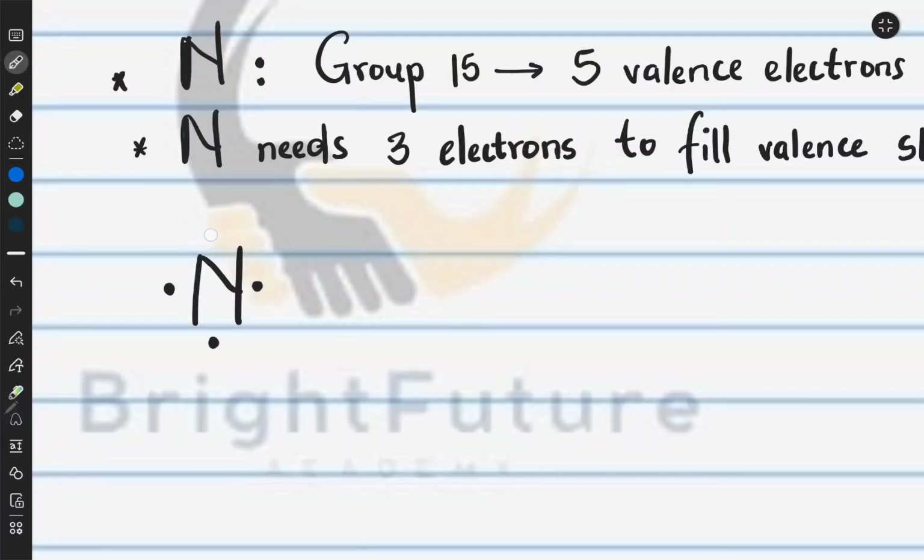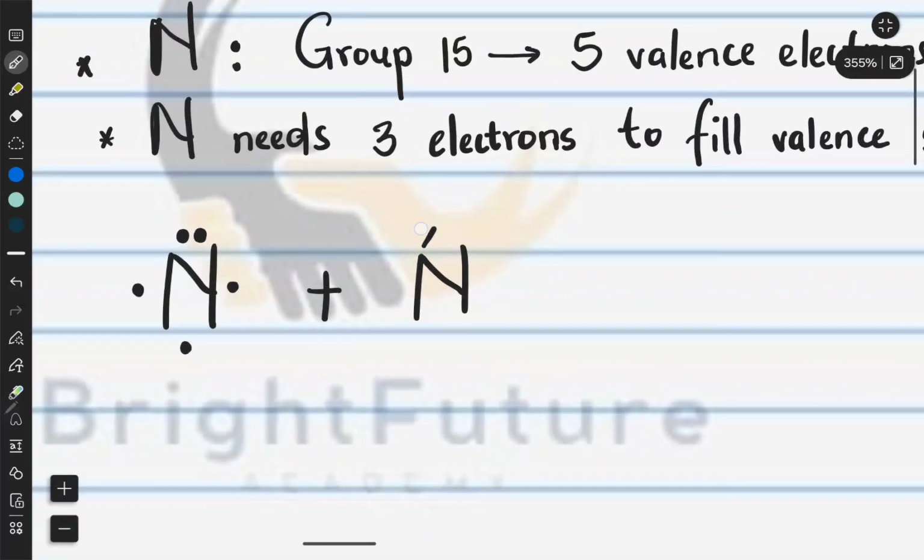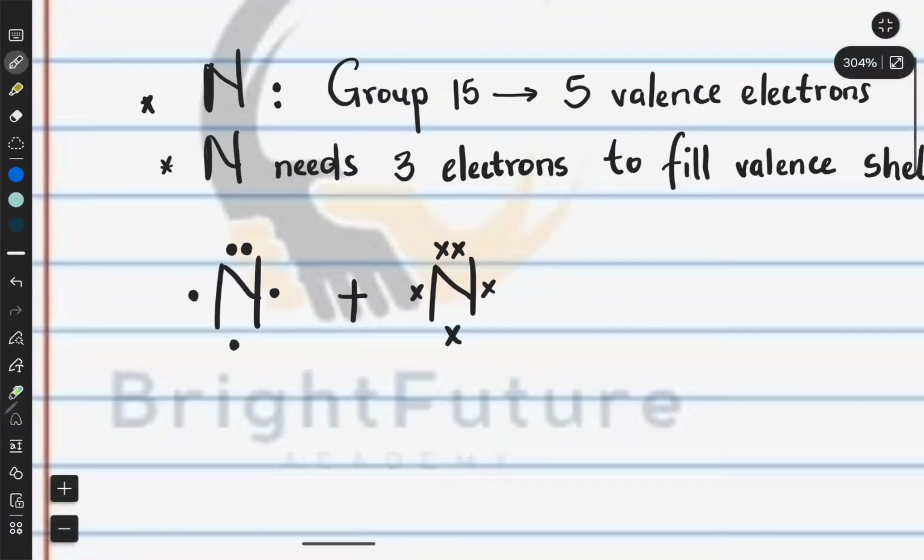Okay, so it only has 1 lone pair. That means the same happens for the other nitrogen atom. We'll just copy that because it's the same atom. So you see now there are 3 electrons that are not lone pairs. They are just single electrons around that nitrogen atom.